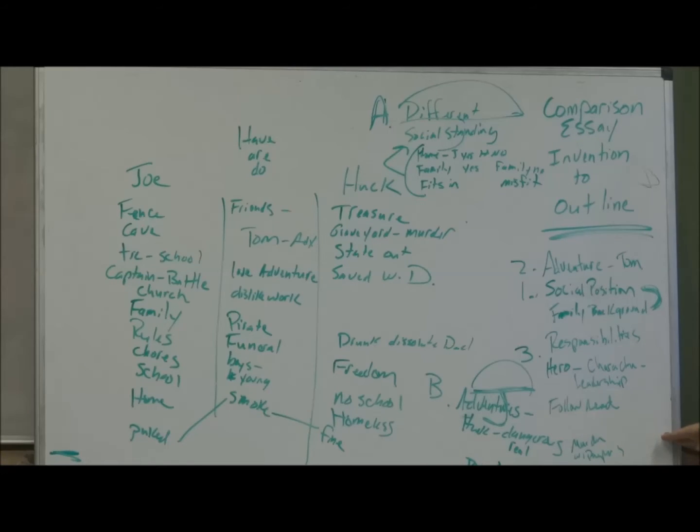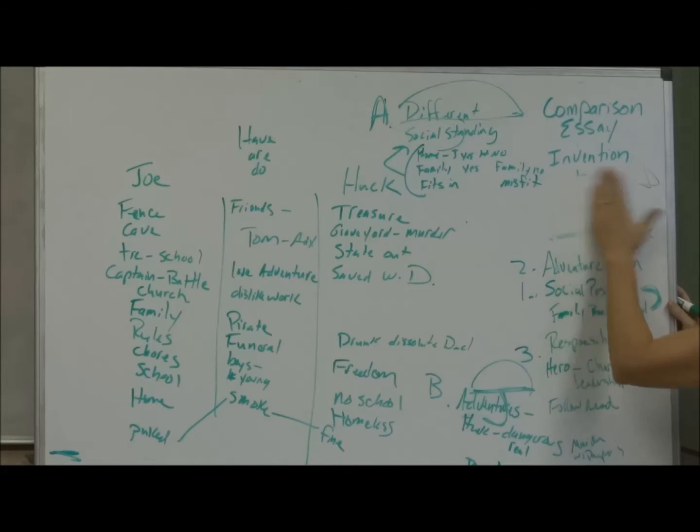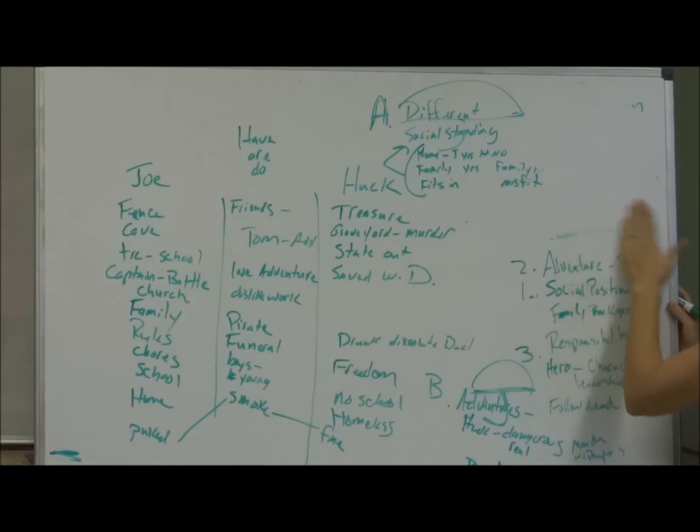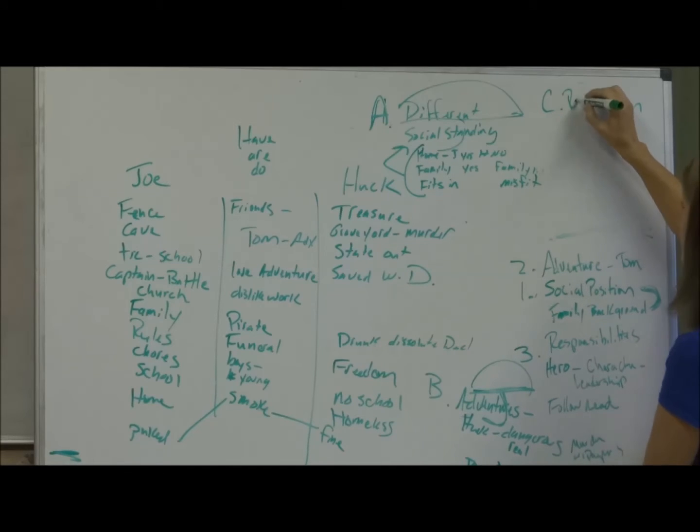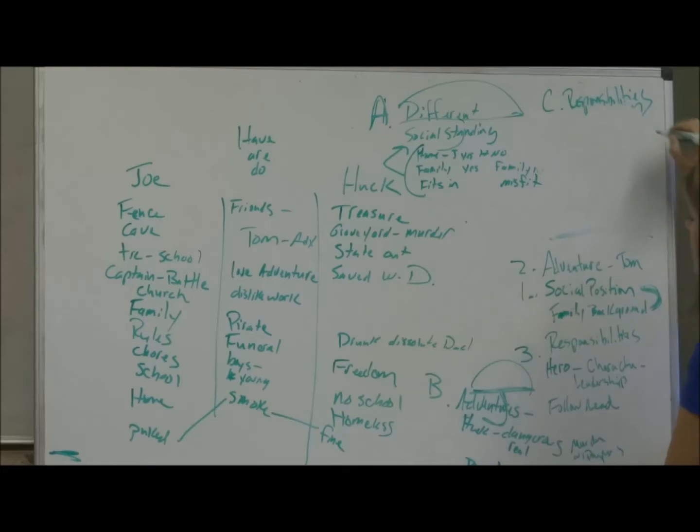Okay, so now we need a third paragraph. We're really running out of room. Ta-da! Now we have room. So C, what is our C point going to be? Their responsibilities. And what are we going to say about that? I just thought of one.